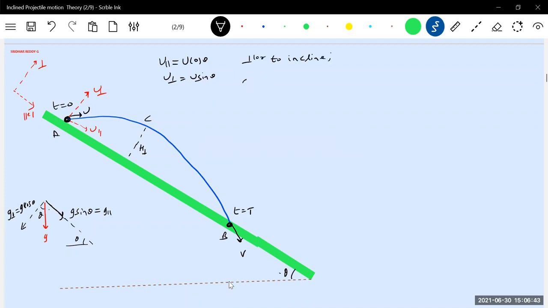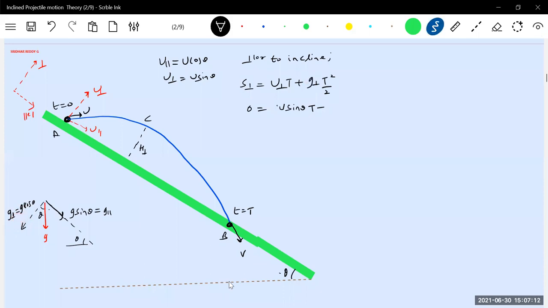S perpendicular equals U perpendicular t plus a perpendicular t squared by 2. What is the net displacement perpendicular to the incline? It must be 0. U perpendicular is how much? U sin theta. The time of flight, I don't know. Then, what is a perpendicular? That a perpendicular is g perpendicular, here.